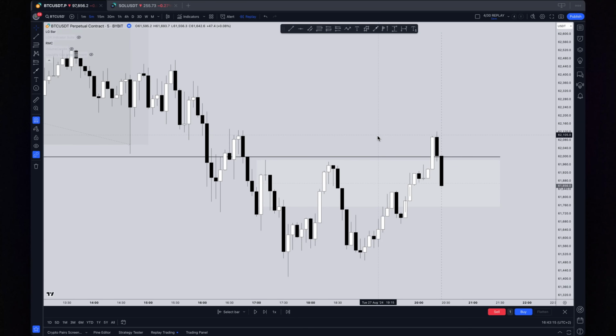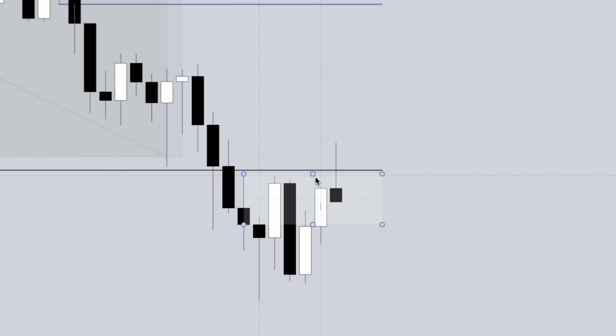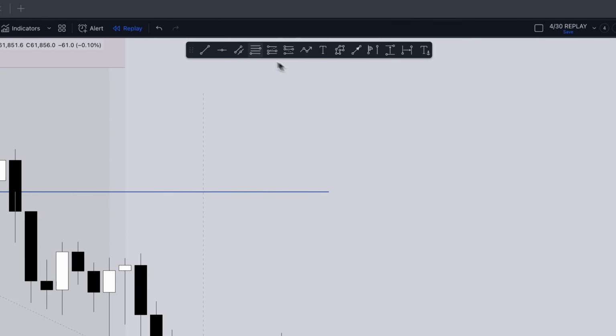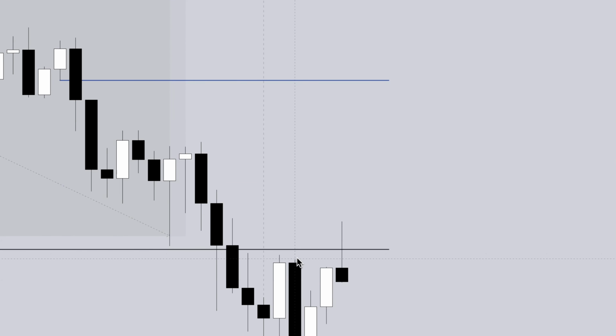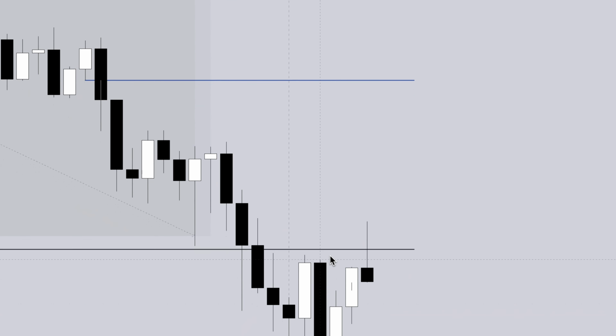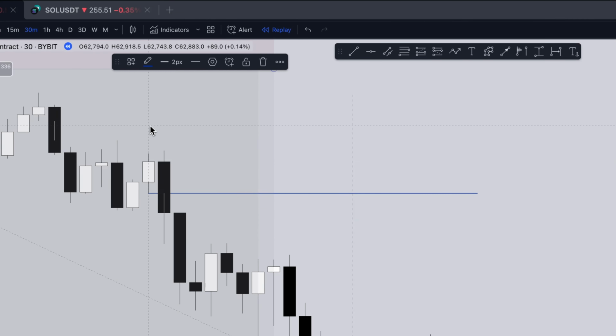Doesn't sweep anything. What does it do on the 30? This is already outdated. We should mark this as the high.